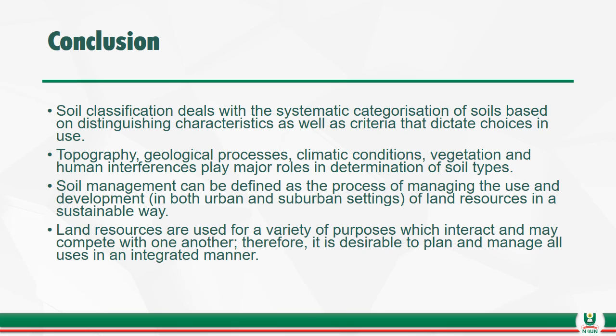Soil management can be defined as the process of managing the soil and development in both urban and suburban settings of land surface resources in a sustainable way. Land resources are used for a variety of purposes which interact and may compete with one another. Therefore, it is desirable to plan and manage all uses in an integrated manner.